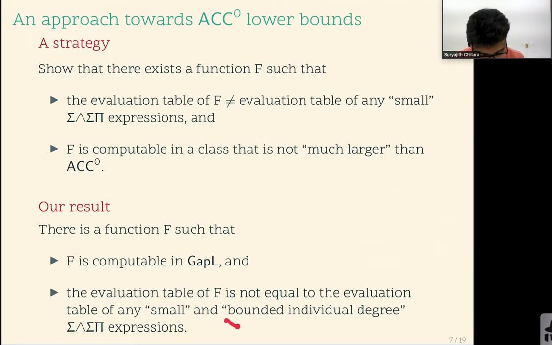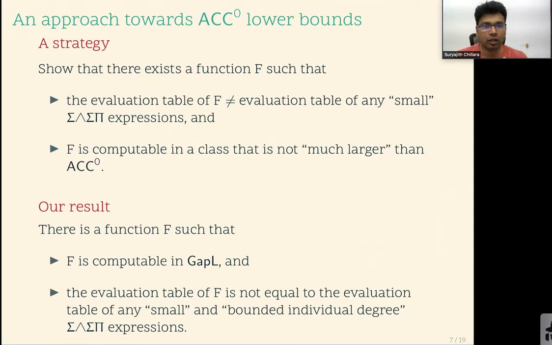So here we have a caveat. We don't show it for all small sigma power sigma pi expressions. We show it for all sigma power sigma pi expressions that output polynomials of bounded individual degree. So we say a polynomial p has bounded individual degree r if the degree of the polynomial with respect to each of its variables is at most r. Right?